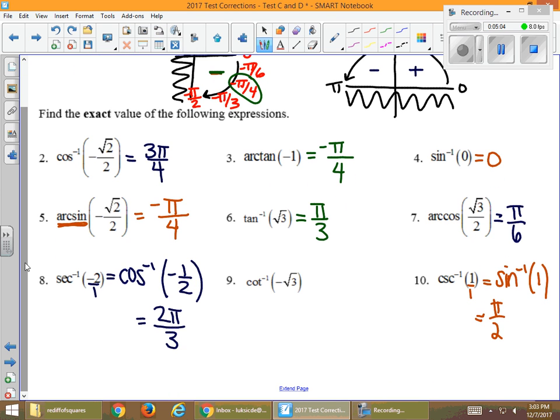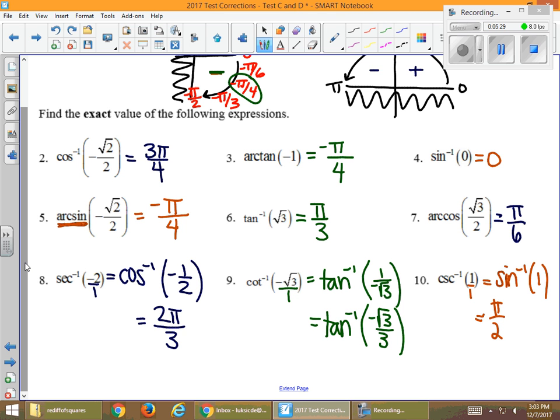This one's a little tricky. Cotangent is negative radical 3. So that means tan inverse of 1 over negative radical 3 is what we're looking for, which means we need to rationalize there. So what really turns up on our unit circle is negative radical 3 over 3.